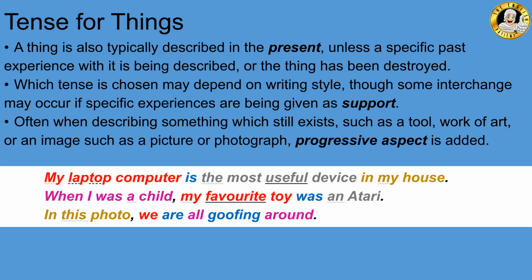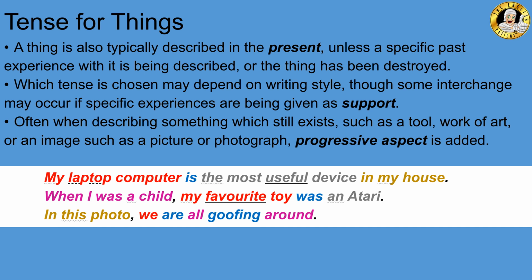So, for example, my laptop computer is the most useful device in my house. Is present, just simple present here. When I was a child, my favorite toy was an Atari. I'm not a child anymore, and this is describing a past experience actually with a particular item.